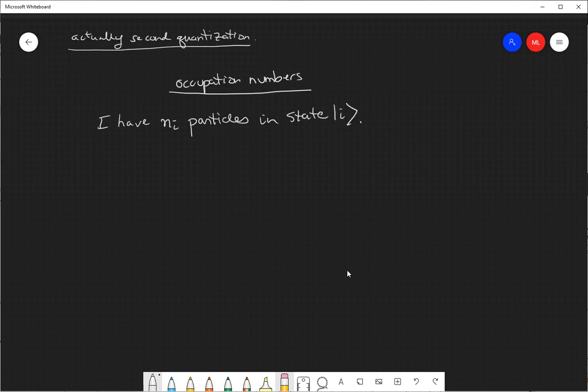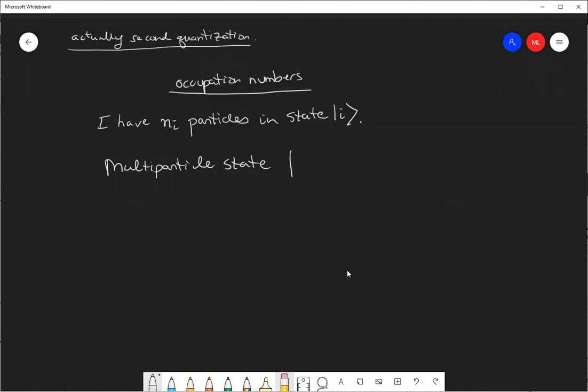And so then your multi-particle state is written as just the set of occupation numbers for each possible single particle state. And typically there's an infinite number of them. So that's kind of the disadvantage.